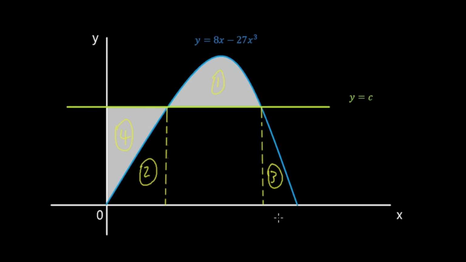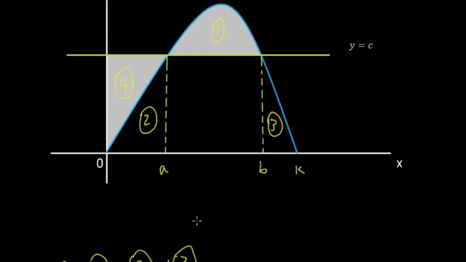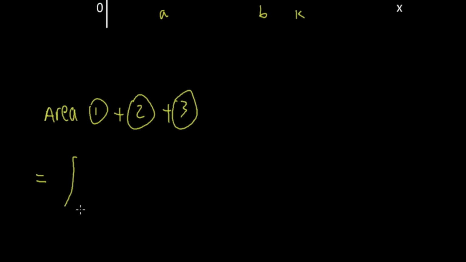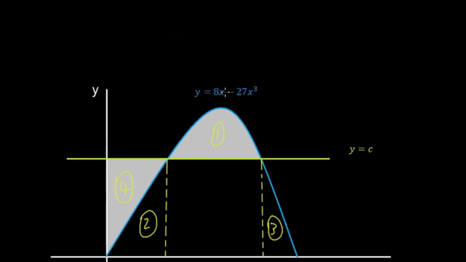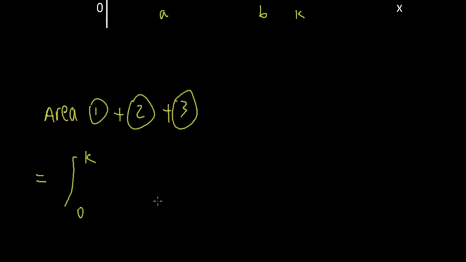At this point, we don't know what this value is and what this value is, right? Let's call this value a, let's call this value b, and let's call this x-intercept value k. Then I will integrate from 0 to k under the cubic function, ax minus 27x cubed dx.